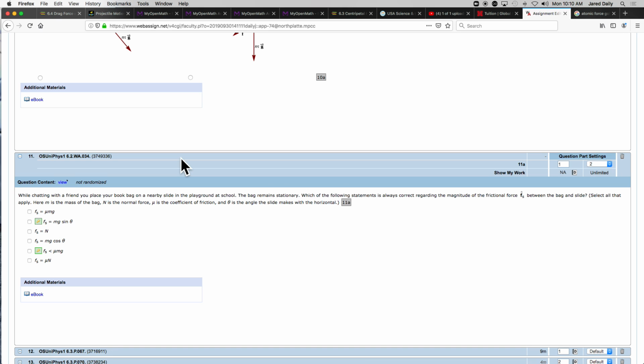The static friction is equal to the mg cosine theta times mu, but it's not equal to mu times mg. It has to have the cosine theta. In fact, frictional static is also equal to mg sine theta. It's equal to this force here. And if you want, you could also take the equivalent of the normal force, which is mg cosine theta, and multiply it by mu, and it would give you the same answer as that. Because that's what the friction does.